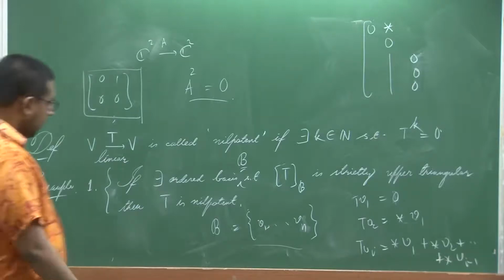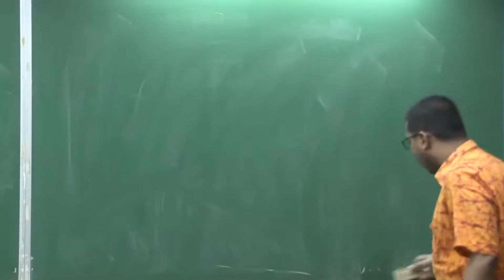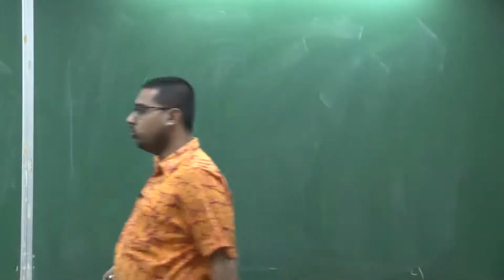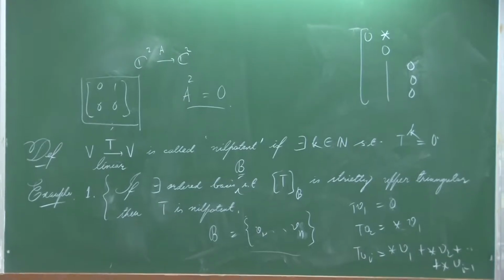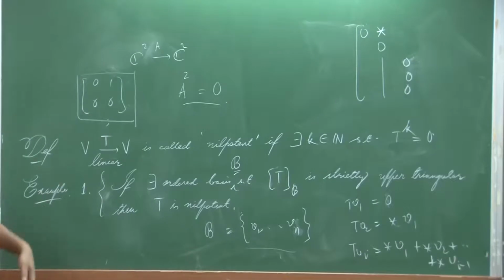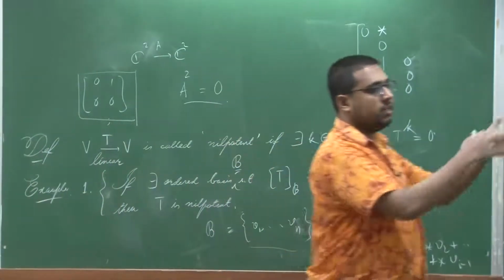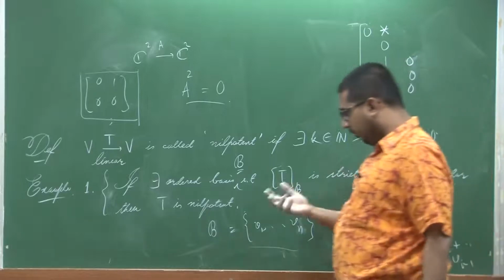Surprisingly, its converse is also true: if an operator is nilpotent, then there is an ordered basis for which the matrix becomes strictly upper triangular. We will prove that. Before that, we need to talk about something else.